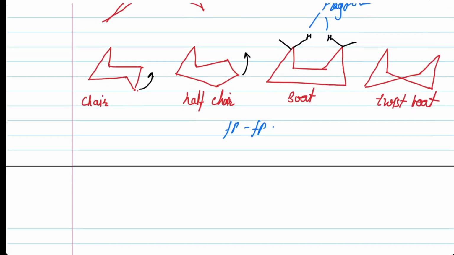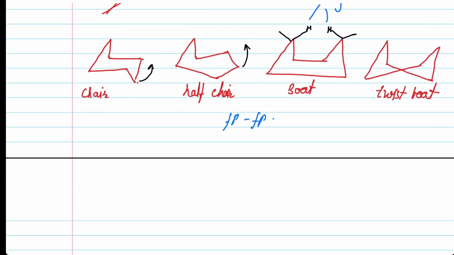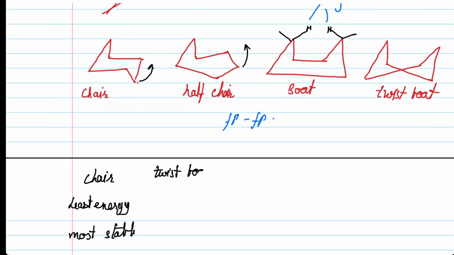If we call it simply cyclohexane, then the energy and stability order would turn out to be opposite to each other. When we talk about the energy and stability order, we find that the chair is the least energetic and most stable, followed by twist boat, followed by boat, and the least stable and most energetic is the half chair.